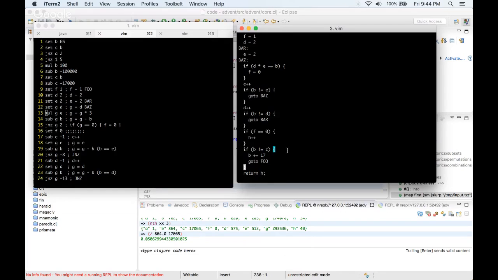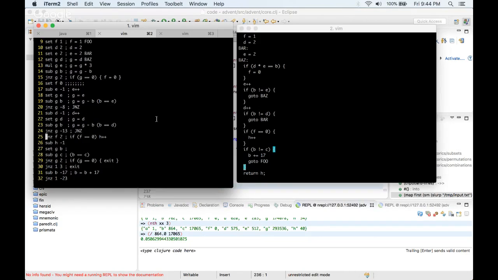I don't understand. What else is happening in this outer loop?